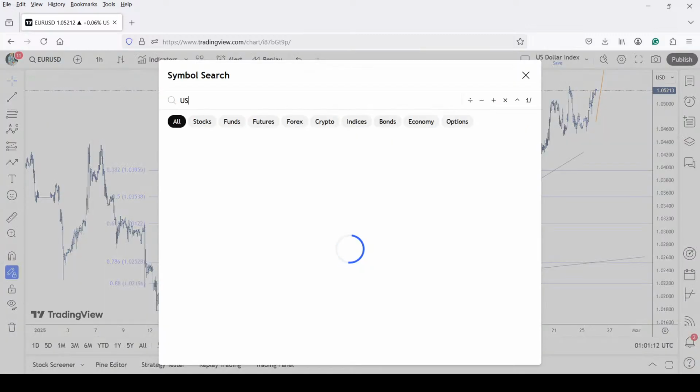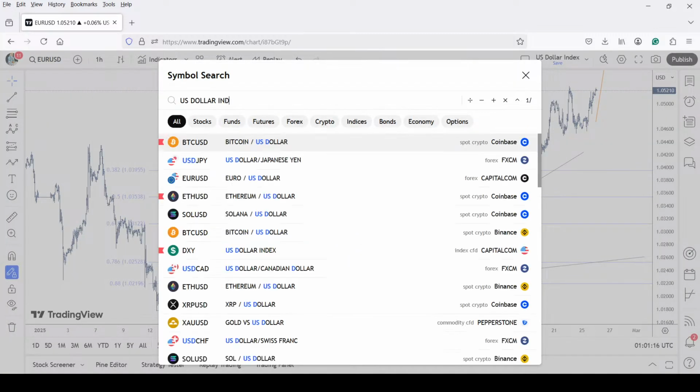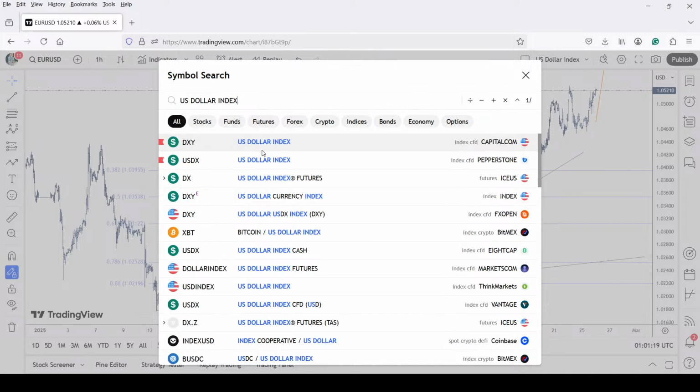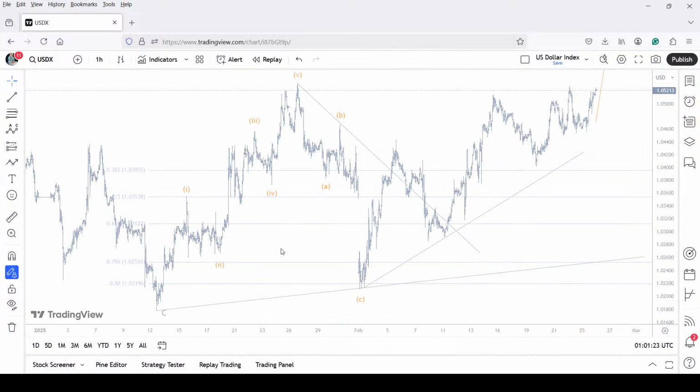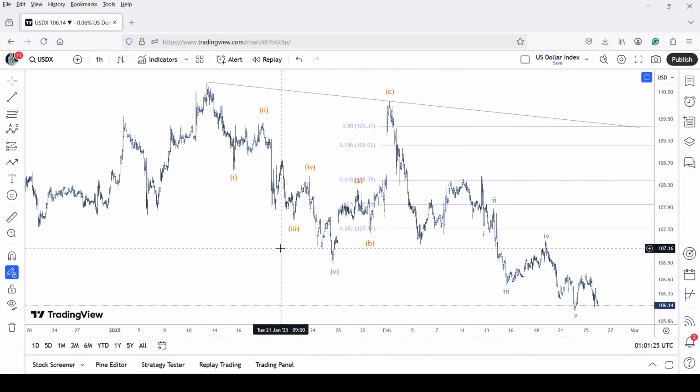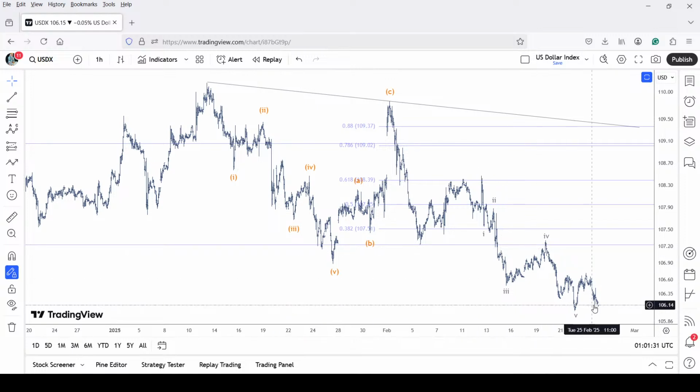Now we have dollar index. I think in the dollar index also, you might want to take some partial profits if you are holding more than one position.